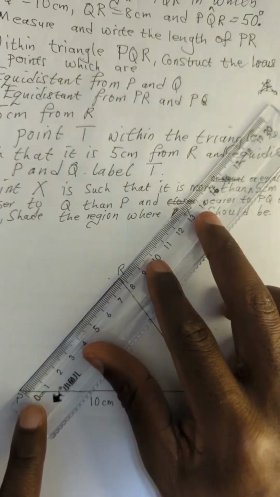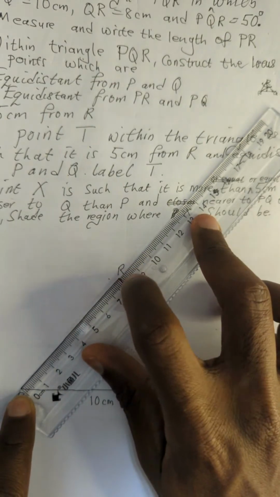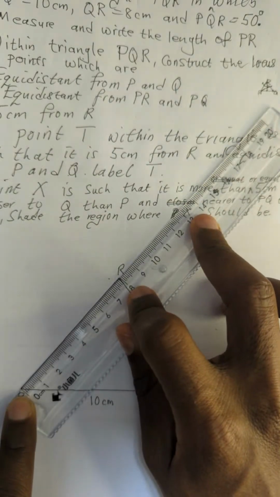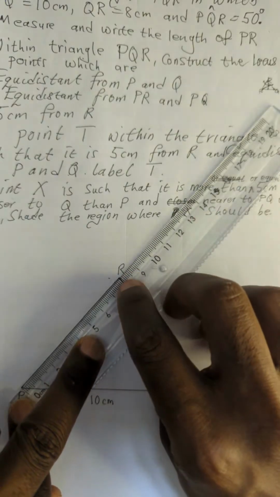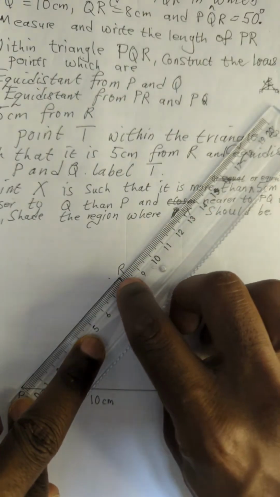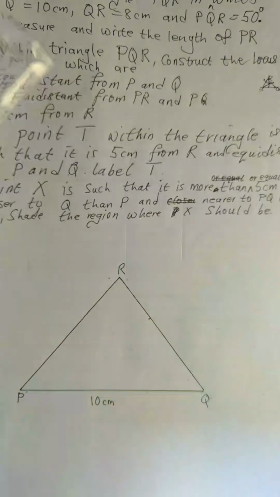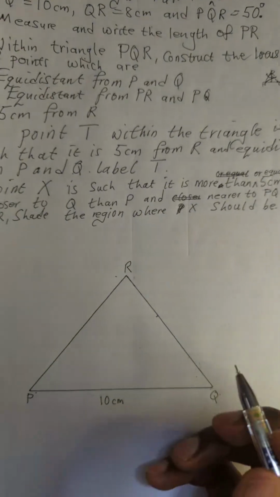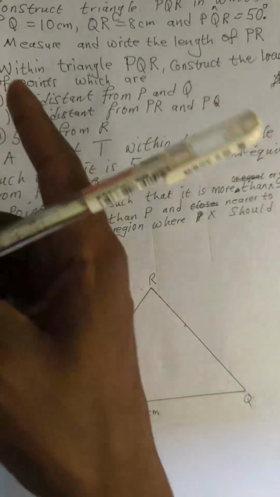So make sure that your 0 is where P is, and you take note of where R is. In this case, it's 8 centimeters. Okay, so PR is 8 centimeters. Okay, so just here you can write the question number.